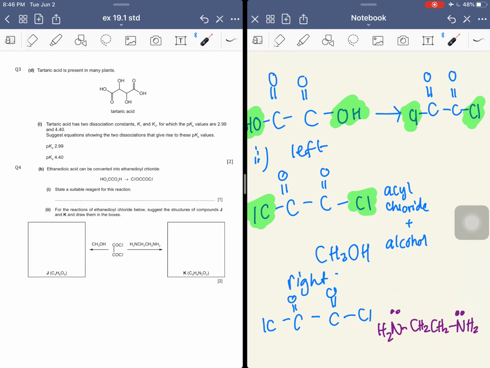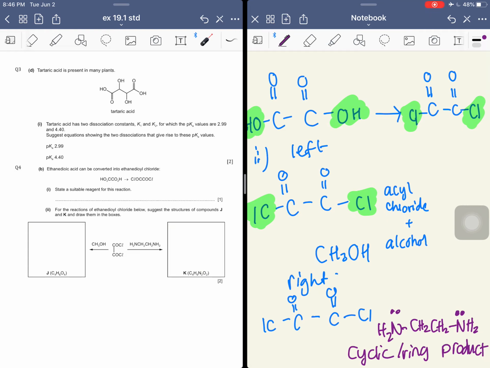So one side of the nucleophile will react with one side of the diacyl chloride. The other side of the nucleophile will react with the other side of the diacyl chloride. So the answer would be a cyclic ring product.